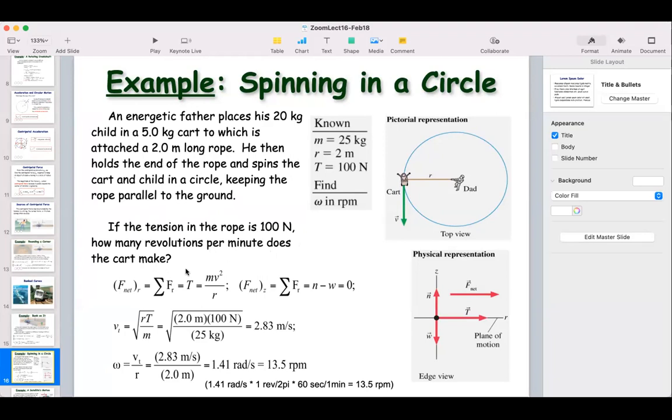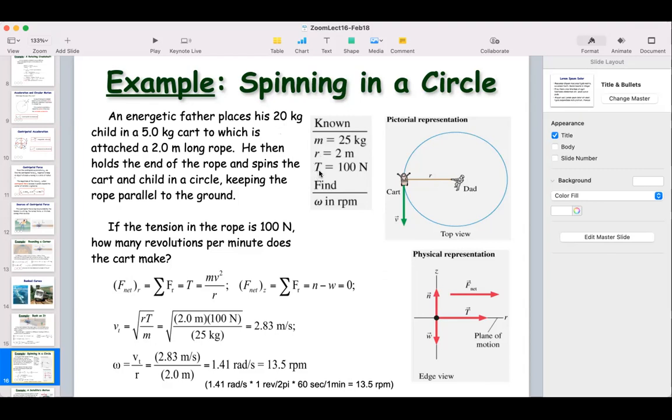So what we know is the mass of the kid and the cart, that doesn't really matter. Here we just do 20 plus 5. This is just something to distract your attention, but at the end of the day, it's like you have just a bigger child of 25 kilograms. Then you have the radius, the distance, which is 2 meters.